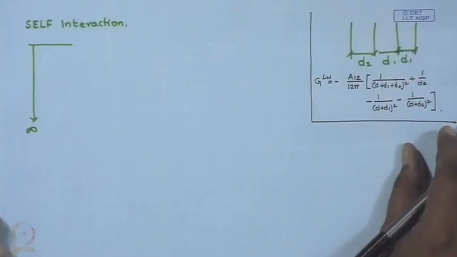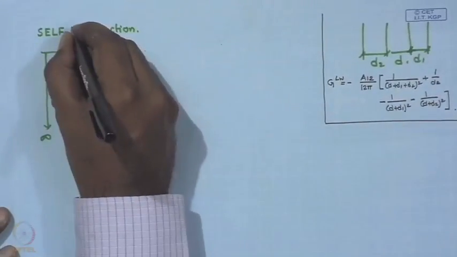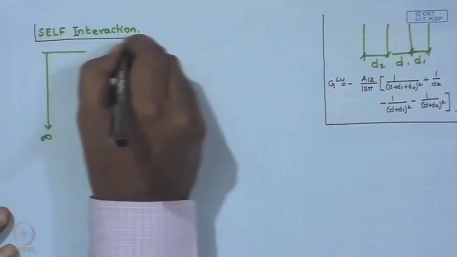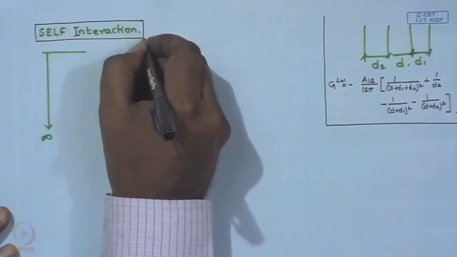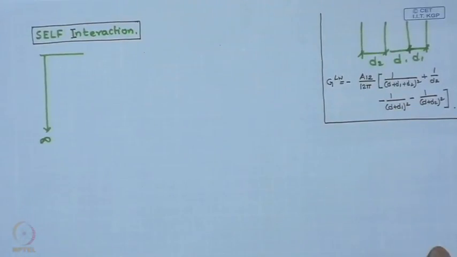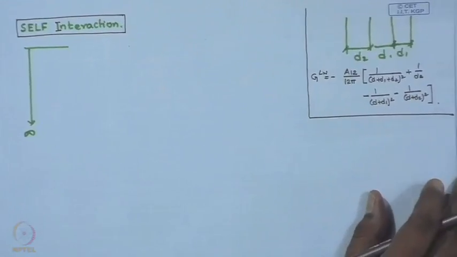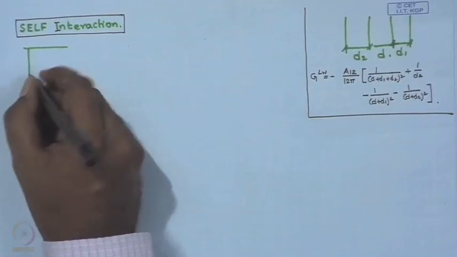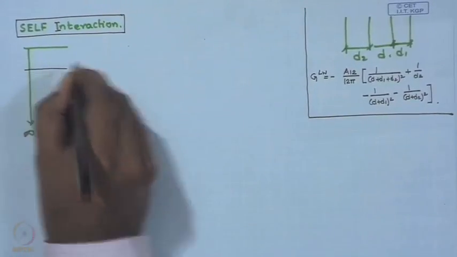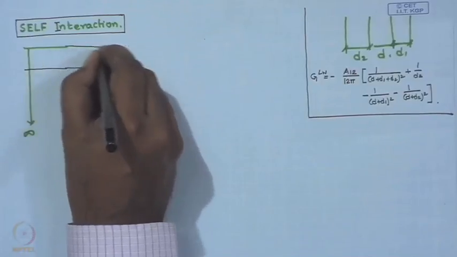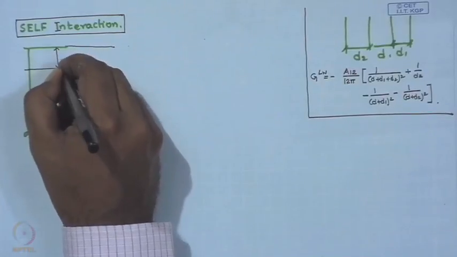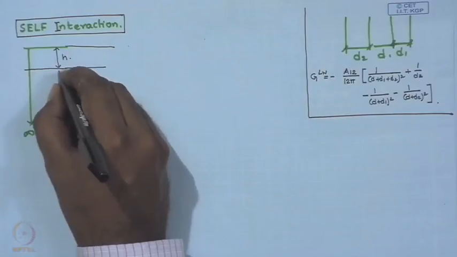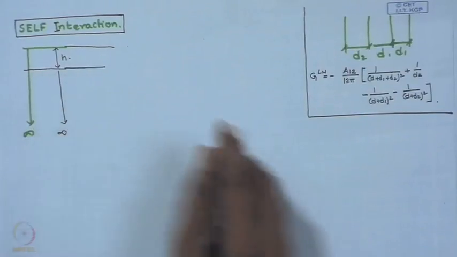Now, coming back to, let us try to identify the component of self interaction. Let us say that we have a semi infinite block of material 1, we generate an interface over here at a finite thickness h, and it stretches to infinity.